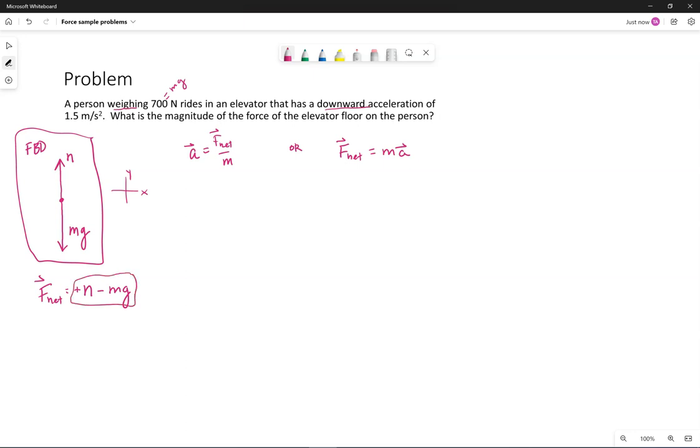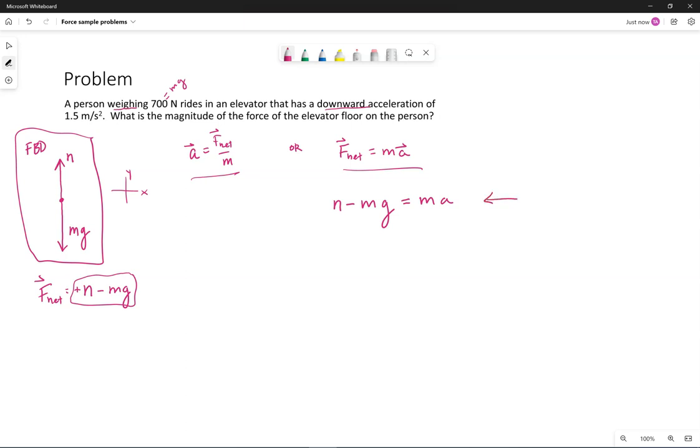So either way, this net force needs to go into Newton's second law, whichever way we would like to write that. This is just the preference. I'm going to go ahead and put it on the right. So my net force I know is N minus mg. That has to equal the mass of this person times the acceleration of the person.